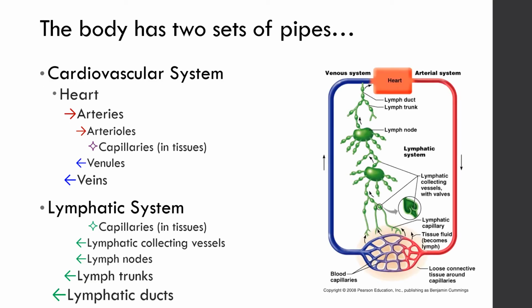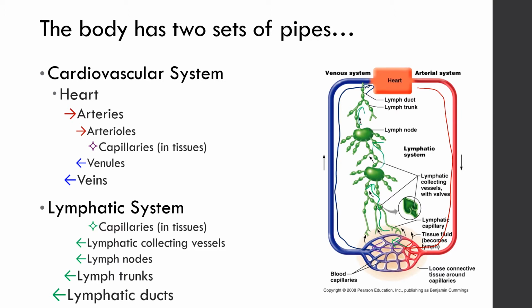As you can see here, blood has one way of getting around the body, which is to flow completely through a blood capillary and then follow the venous system back to the heart. But some of the fluid makes it out of the blood vasculature and has to travel back through lymphatic vessels.